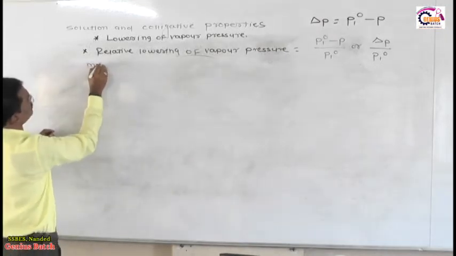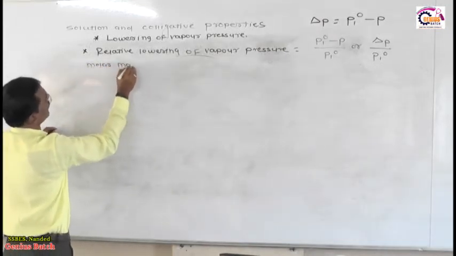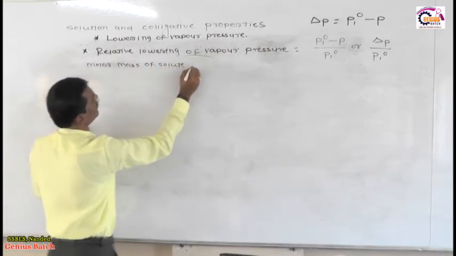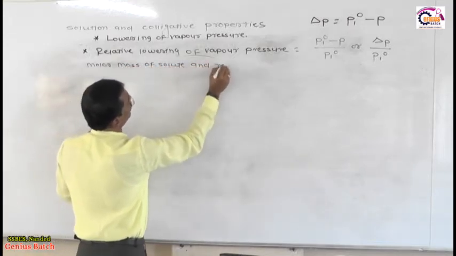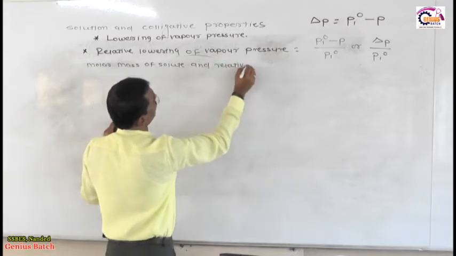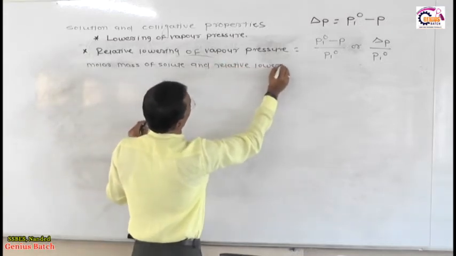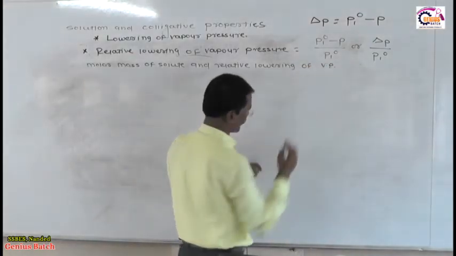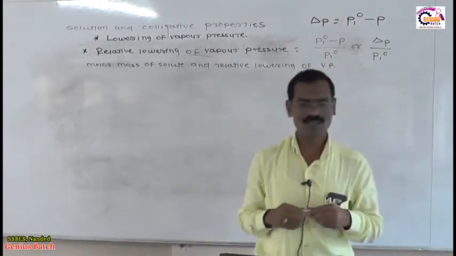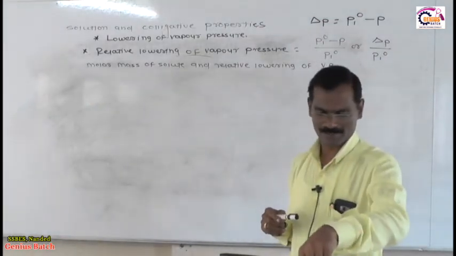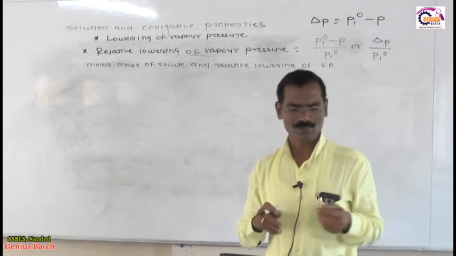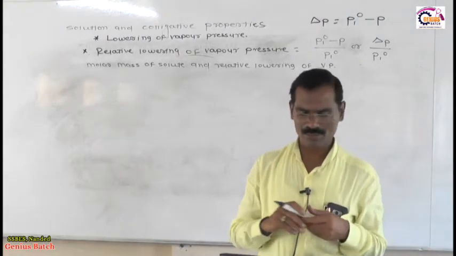So see here, molar mass of solute and relative lowering of vapor pressure. Dear students, see toward the board. Let W2 gram of solute, molar mass M2, dissolve in W1 gram of solvent.